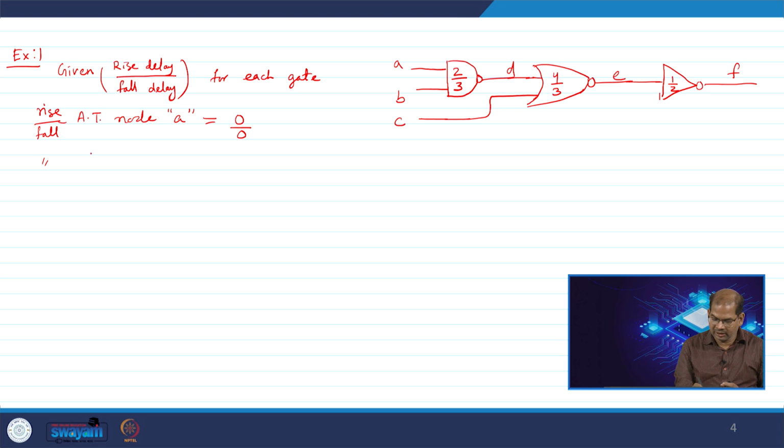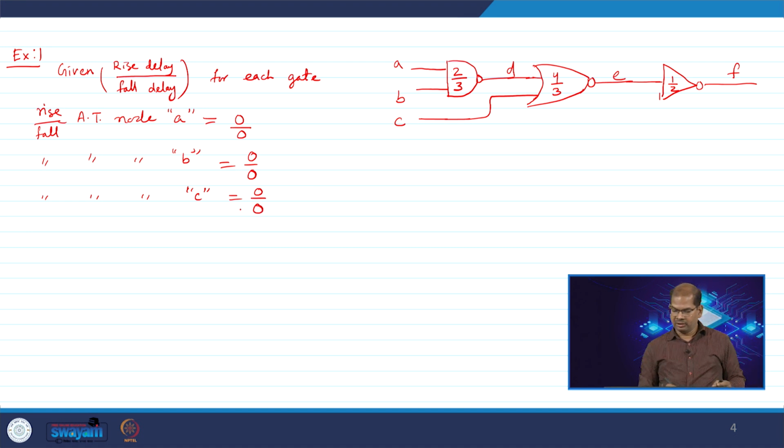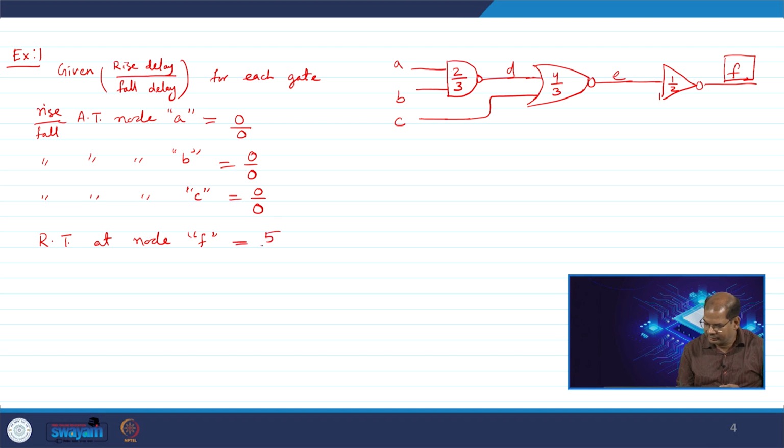Similarly, the rise and fall arrival time for node B is also 0 by 0, and the arrival time for node C is also 0 by 0. That is given to me. And one more thing is given to me, which is the required time. The required time at node F is 5 by 11. These are the things given to me.